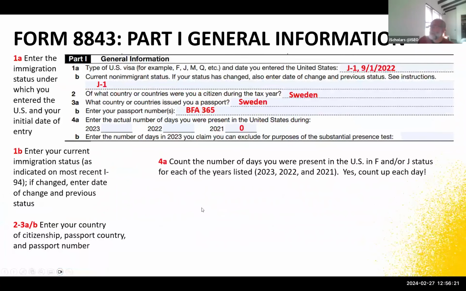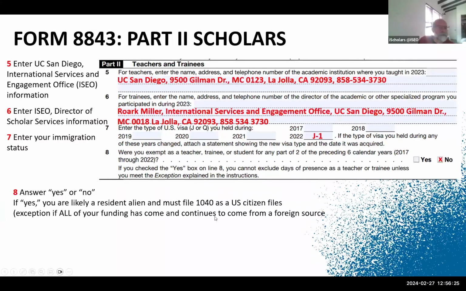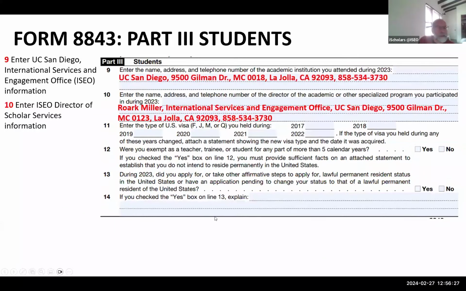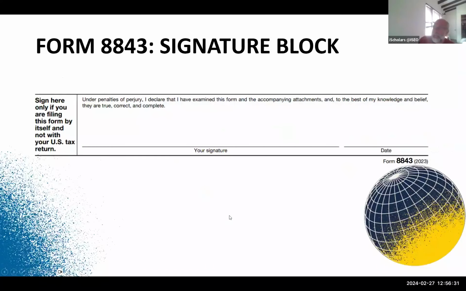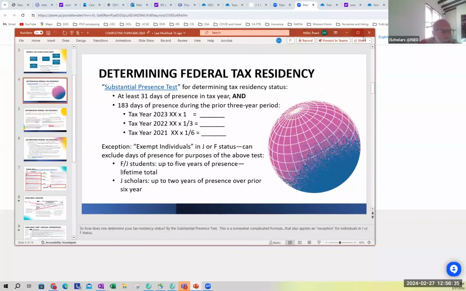Anyway, at the resources page at the end, I recommend you review that website, and then, of course, our federal tax workshop. You'll get this presentation, and the hyperlink will be there.